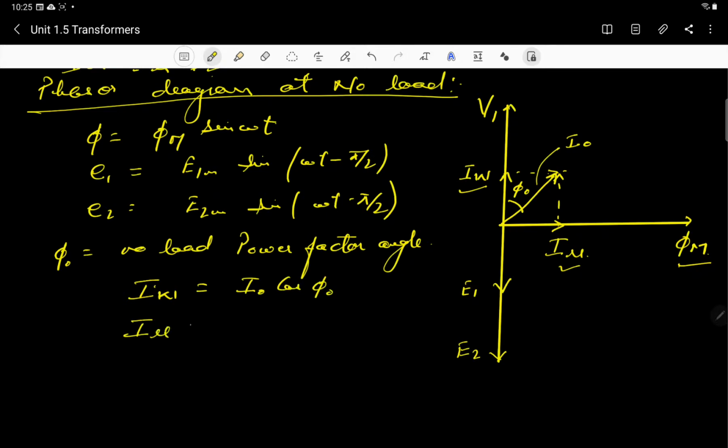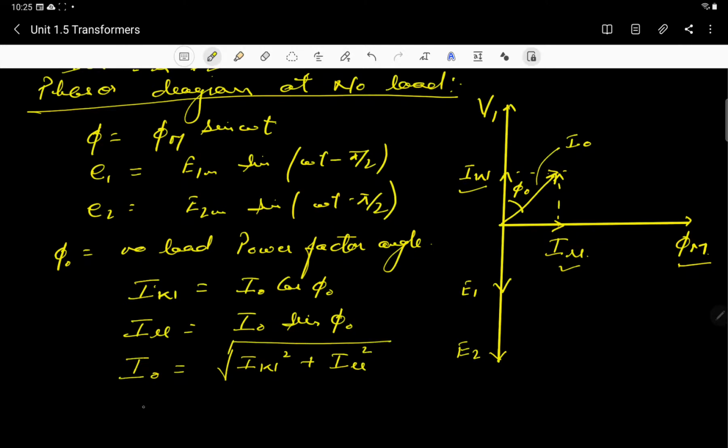I mu equals I naught sine phi naught, okay, and I naught should become equal to the square root of IW square plus I mu square, okay. And from here cos phi naught, that is the power factor, should be equal to IW upon I naught, yes. This is all about the phasor diagram. All right. So thank you. Thanks a lot.